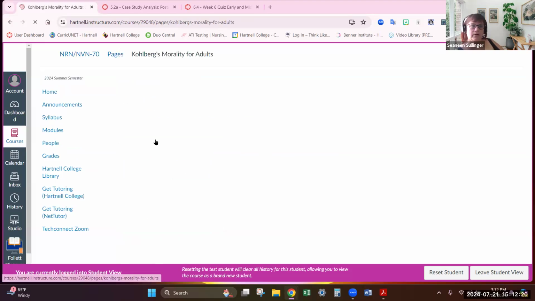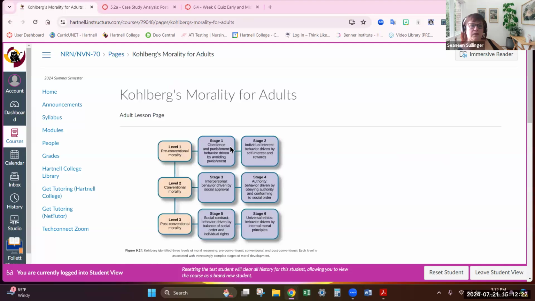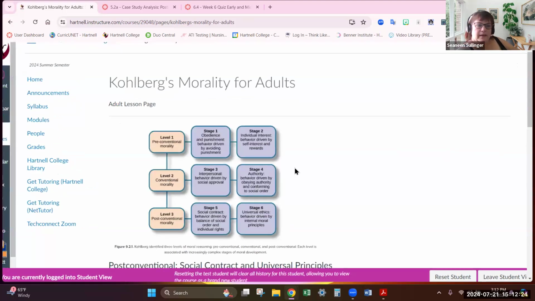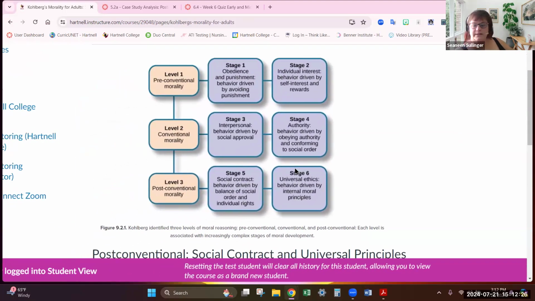Looking at Kohlberg, we are in the post-conventional morality. We've been looking at this diagram through early, middle, and now late adulthood. It has been said that many people only get to stage 4, but a percentage of the population gets to stage 5 and even stage 6.